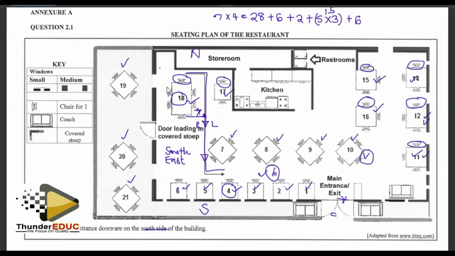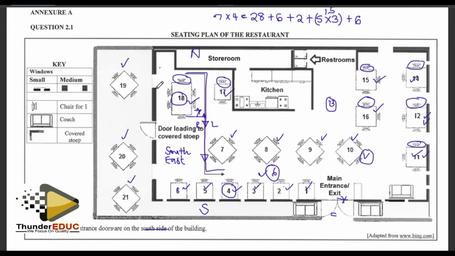Yeah, 13 is missing. 14, 15, 16, 17 is there. 18 is there. 19, 20, 21. Yes, there are 20. There's no 13.